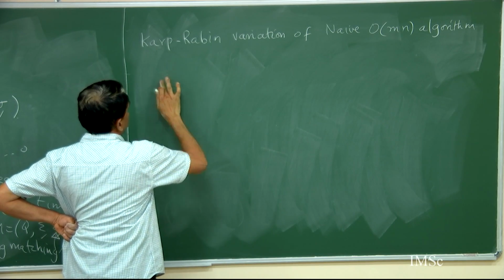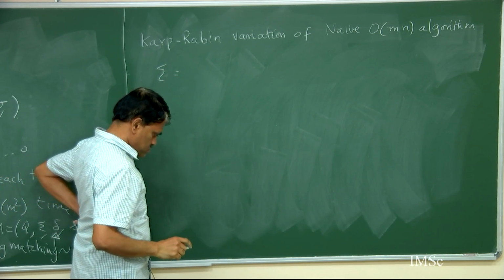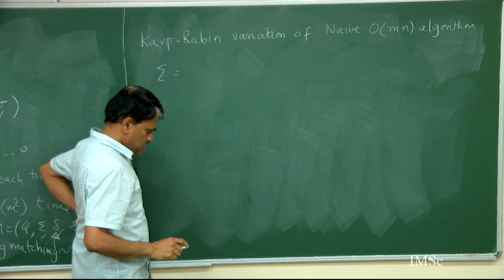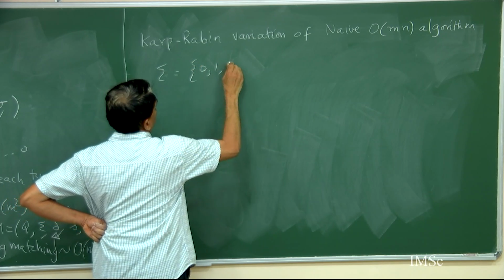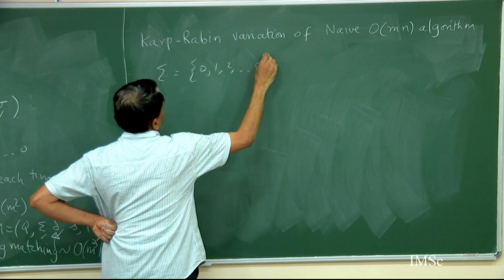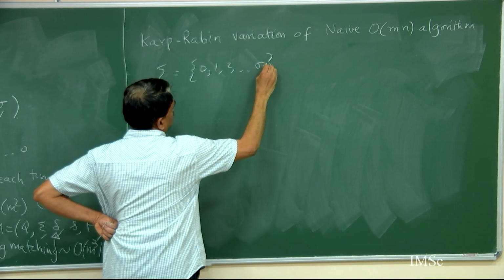So, I am going to think of my sigma as some numbers, okay, 0, 1, 2 up to sigma minus 1.